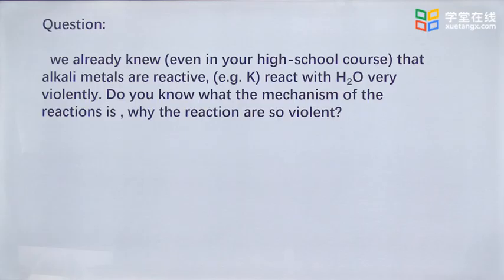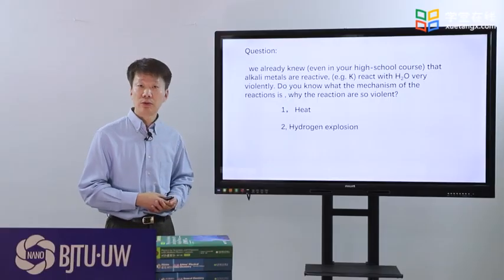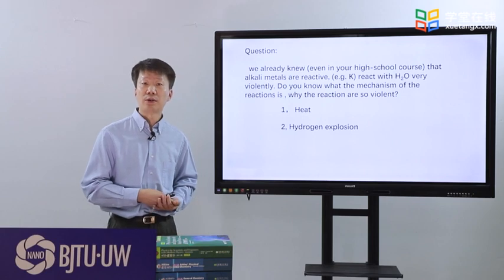The answers are: number one, heat. Lots of heat generated in the reaction leads to the explosion or boiling of water. Number two, hydrogen explosion. Hydrogen gas produced in the reaction is ignited by heat, then explodes.